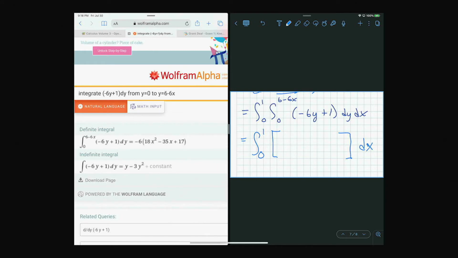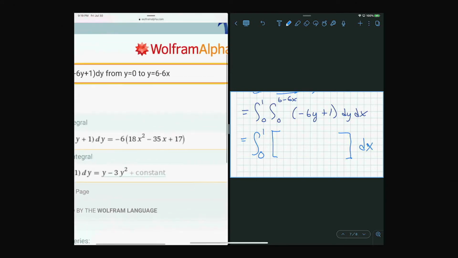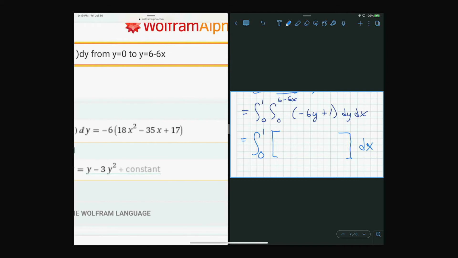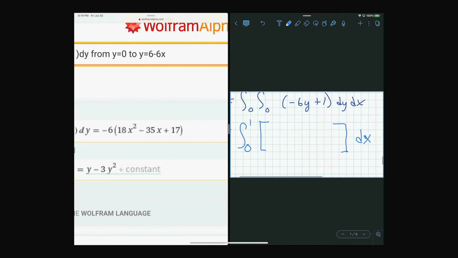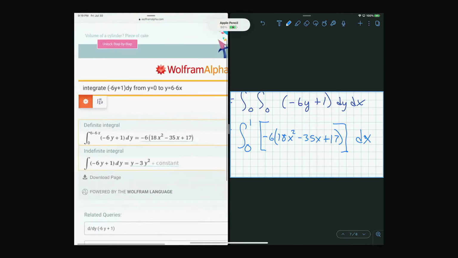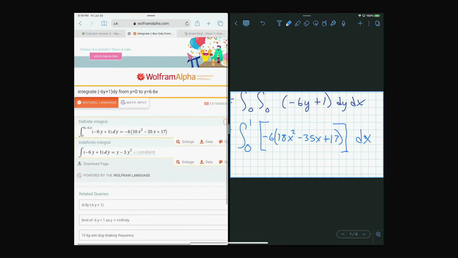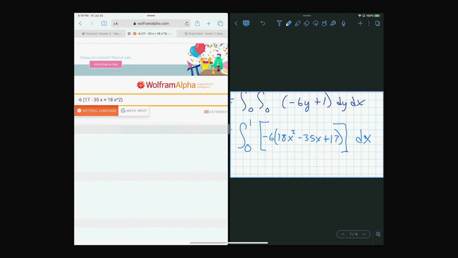Double check that it did the right thing, and it says, here's my work. So I get negative 6, 18x squared minus 35x plus 17. Okay, and then I need to integrate that from 0 to 1. So I can just click on that answer.